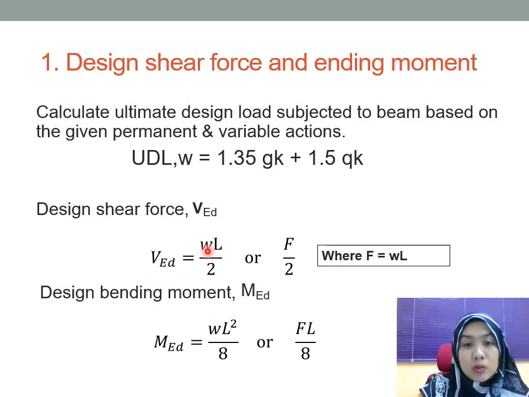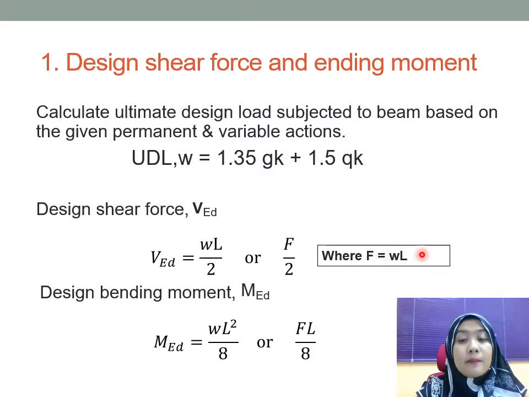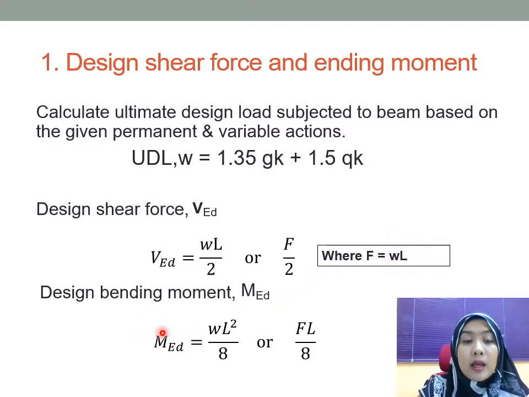VED is equal to the uniformly distributed load times the length divided by 2, or we can also write it as F divided by 2, where F is equal to W times L. And for the design bending moment, the MED value, we can take WL squared divided by 8, or we can also write FL divided by 8, where F is WL. Then you are going to get your design shear force and also design bending moment.